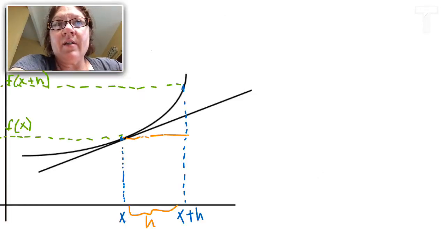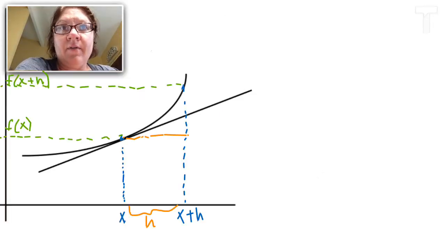So we're going to look at this in terms of the definition of our limit and our derivative.